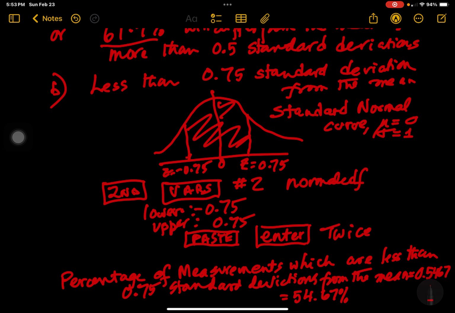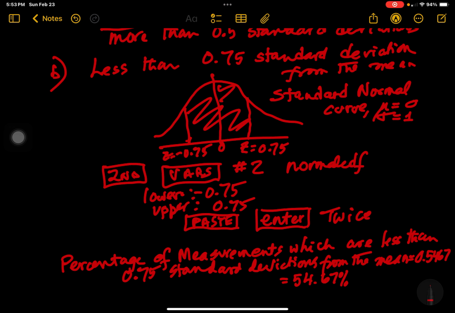We draw two vertical lines to indicate the lower boundary and the upper boundary. Then we went to the TI-84 and found the area under the standard normal curve between z equal to minus 0.75 and z equal to 0.75, which came out as 0.5467.